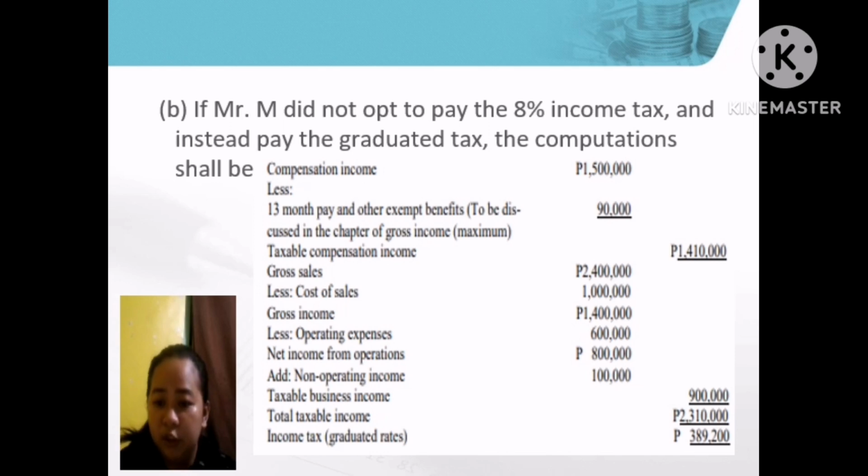Ngayon po, ang kalalabasan din po ulit ng ating taxable compensation income ay 1,410,000. So, dito po sa ating gross sales ay ang ibabawas din po natin ngayon ay ang mga cost of sales which is nagkakahalaga po ng 1 million. Ngayon yung ating gross income, which is 1,400,000, ay ibabawas po natin ngayon doon yung ating operating expenses na 600,000 and yung ating net income from operations, which is 800,000 pesos.